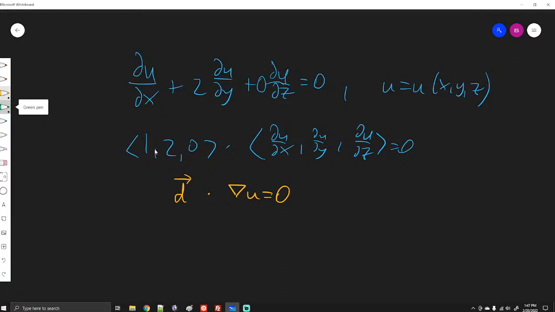So now to find out what u is, I have to draw this vector here in xyz space. So this here is going to be my coordinate system. So this here is x and y. So the direction vector 1, 2, 0 is going to look like this.